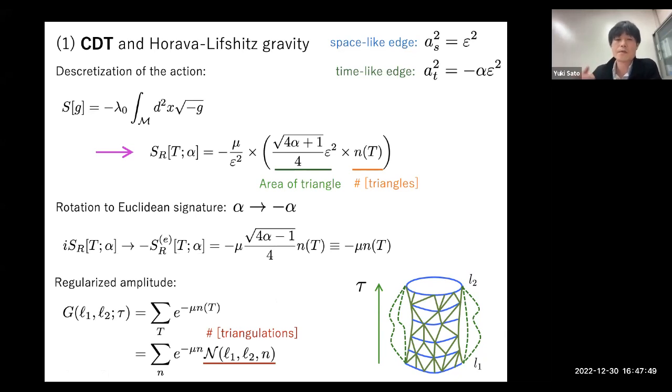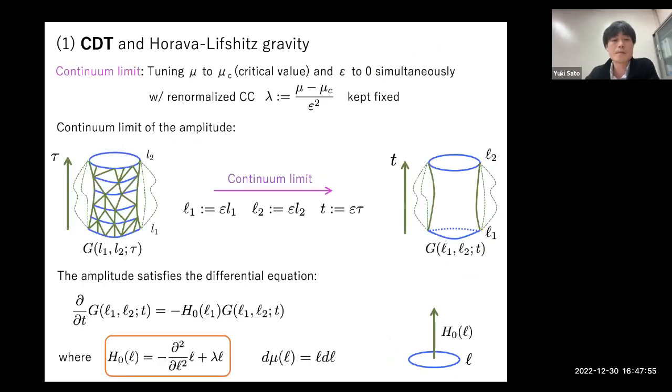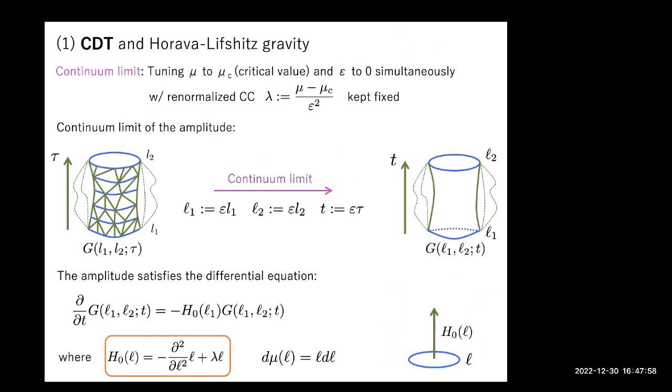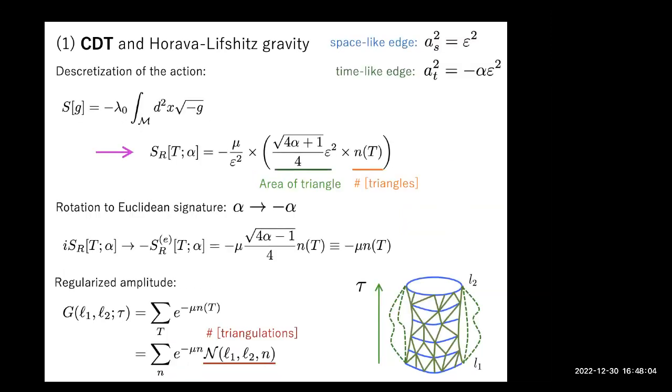But to get the physical quantities, we have to remove the UV cutoff. This can be done by the continuum limit. Sorry, one more question. In the continuous action, I think you neglected the Einstein curvature term because it's usually a boundary term. Is that correct?